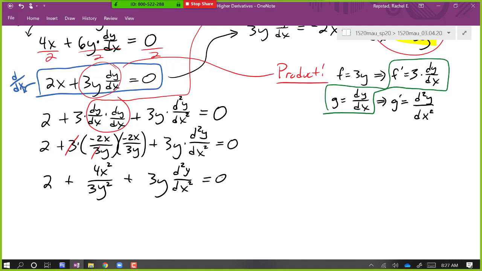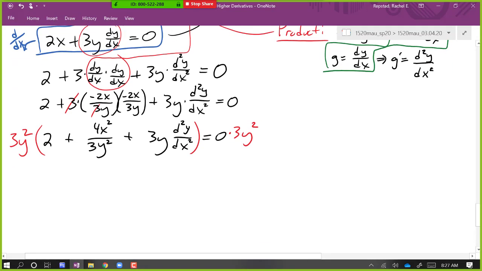Now this is an equation that has fractions in it, and I don't want a messy expression that has fractions within fractions when I solve for the second derivative. So the first thing I'm going to do is clear denominators. I'm going to multiply through by 3y squared. So I'm going to distribute that 3y squared on the left side.